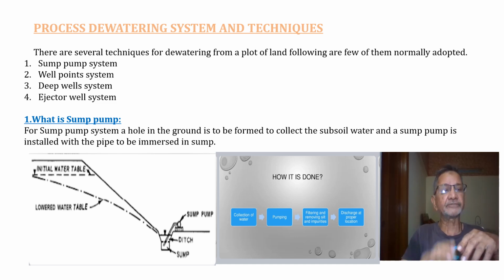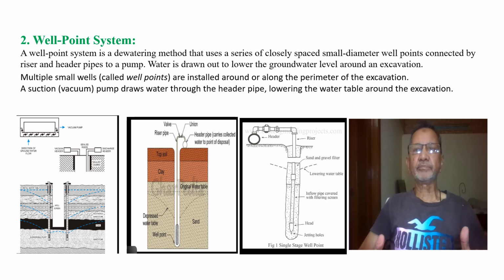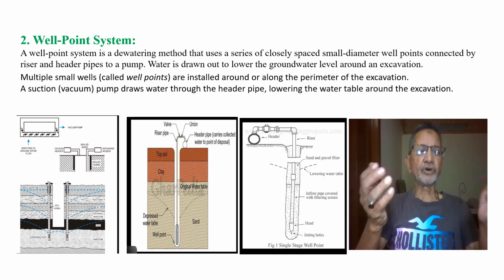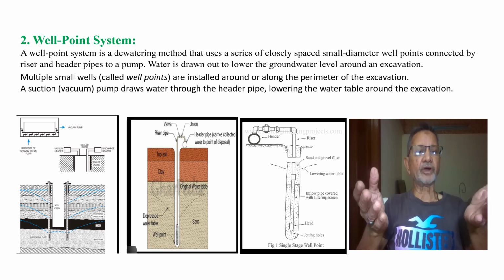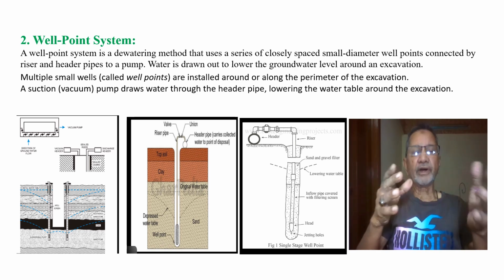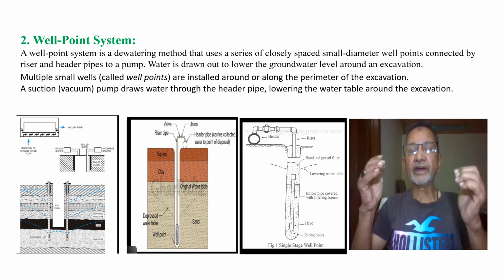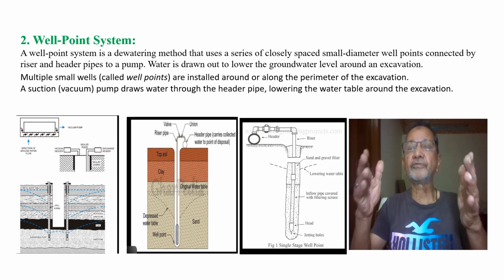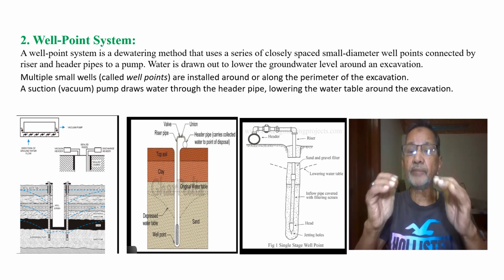Thank you very much. Dear viewers, in slide number 3, we'll discuss one more dewatering technique, that is the well point system. A well point system is a dewatering methodology that uses a series of closely spaced small diameter well points.